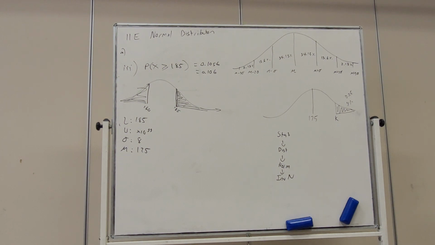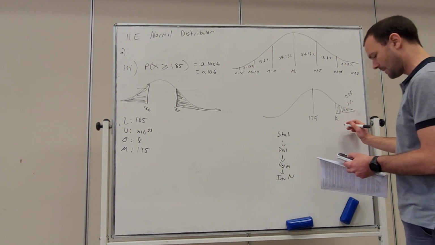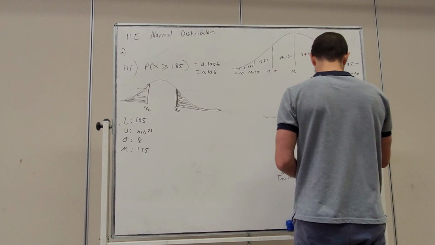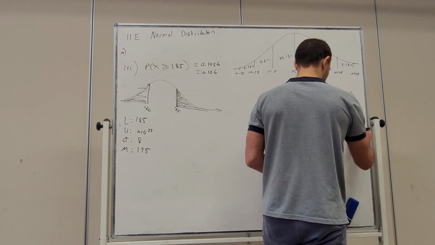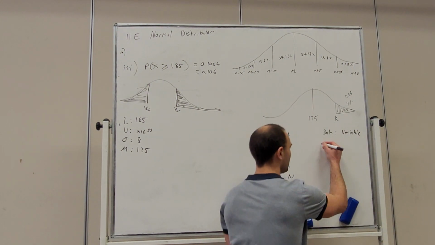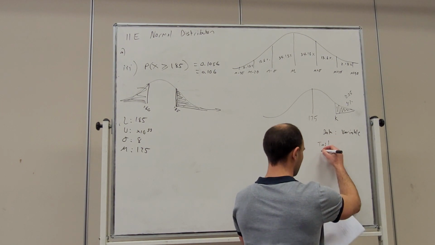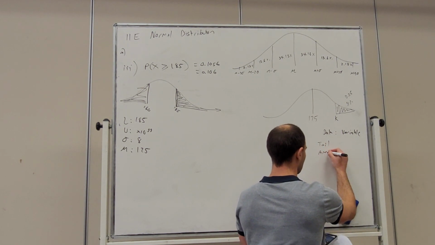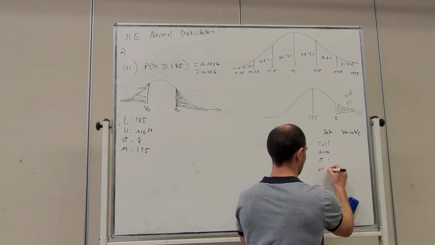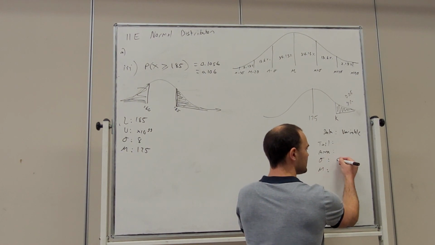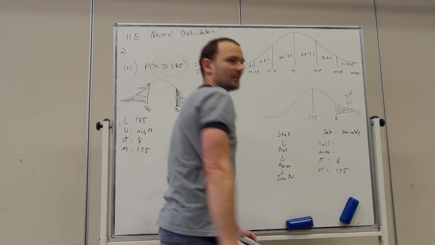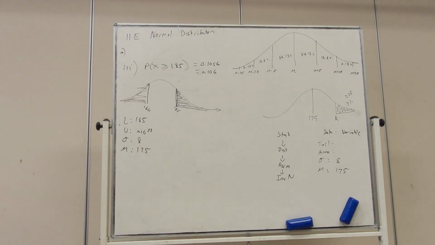Okay, again, we're confronted with a number of settings. Make sure, firstly, that data says variable. That's always our setting. Then we have the tail, then we have the area, then we have the standard deviation and the mean. These are remaining the same. The standard deviation and the mean aren't changing, so we can fill those in.